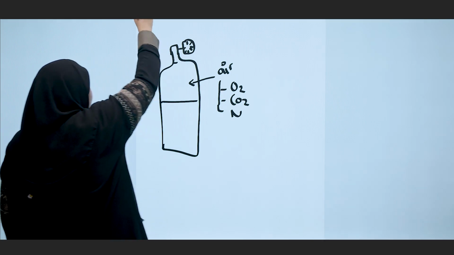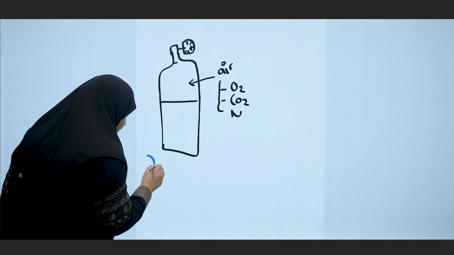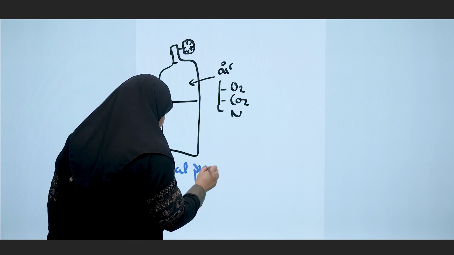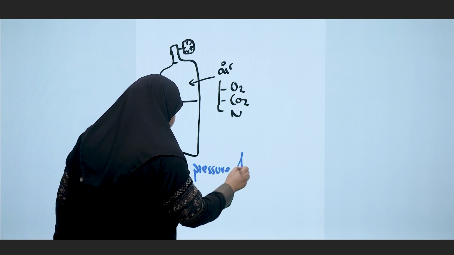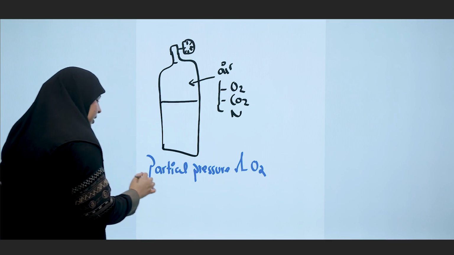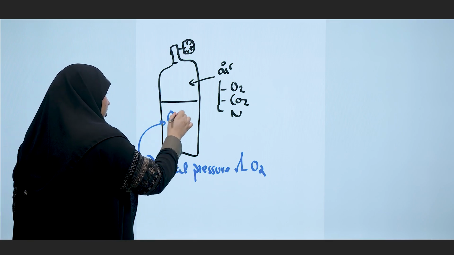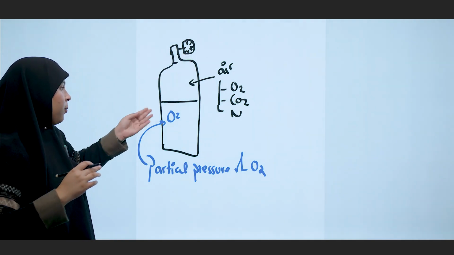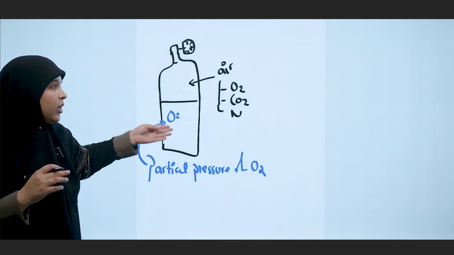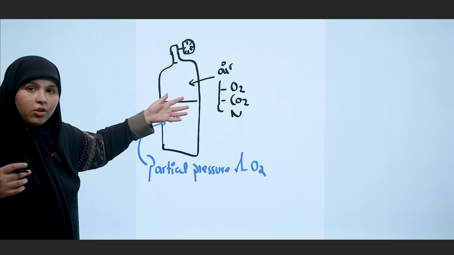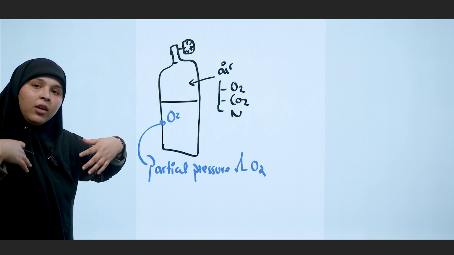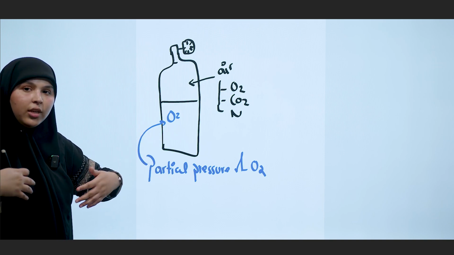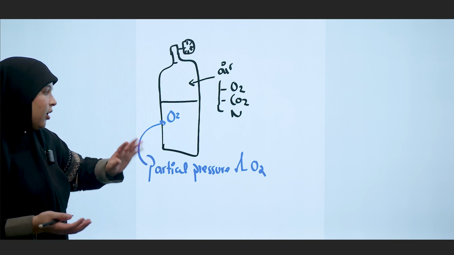When I say the partial pressure of oxygen, it means the pressure exerted by oxygen in a mixture of gases. In this case, in the air, it's the pressure exerted by oxygen among carbon dioxide and nitrogen. If I'm going to talk about the lung, it's the pressure exerted by the oxygen within the lungs.